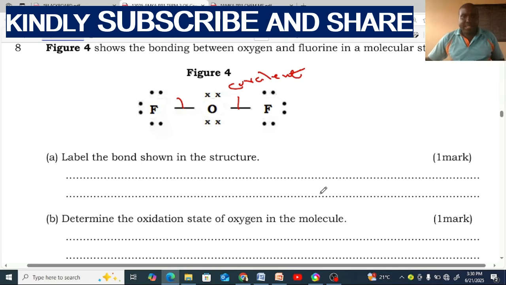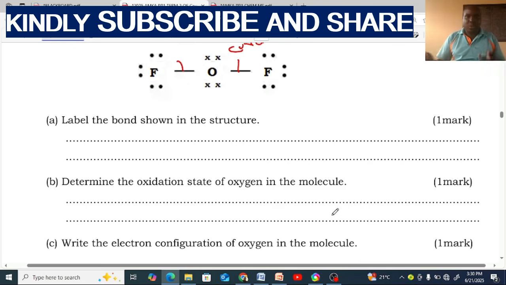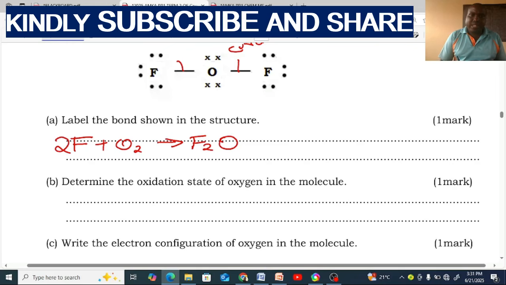Determine the oxidation state of oxygen in the molecule. So the molecule here, remember fluorine will combine with oxygen to form oxygen fluoride, right? So to get the oxidation number of oxygen here, you simply say, remember fluorine is -1.